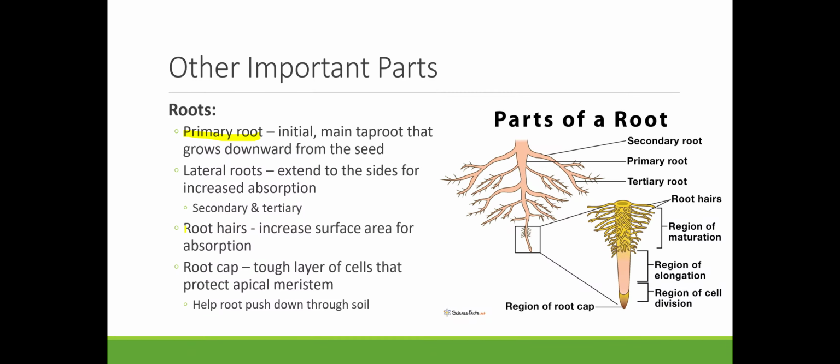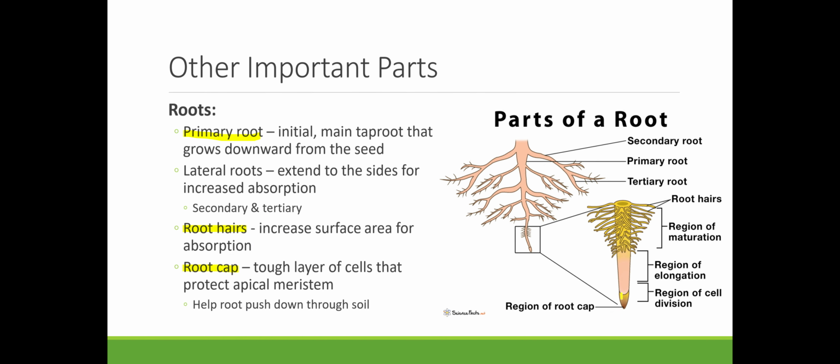And then some other things that you'll find on your roots are root hairs. And once again, this is all about increasing surface area. So these are little tiny hairy structures towards the ends of those roots. And then a root cap is kind of like a hard hat. Now remember that at the tip of this root, see this right here is called the region of cell division. So this right here would be your apical meristem. And what's happening here is we're making new little baby cells.